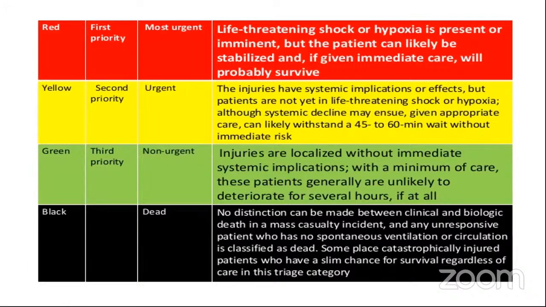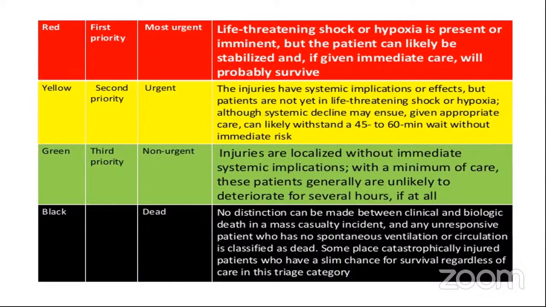So how do we prioritize by color? If we tag the patient with a red tag, that is the first priority, the most urgent patient. That includes life-threatening shock or hypoxia, impending hypoxia, or any airway issues. Those should be triaged first into the red area. So that is red.